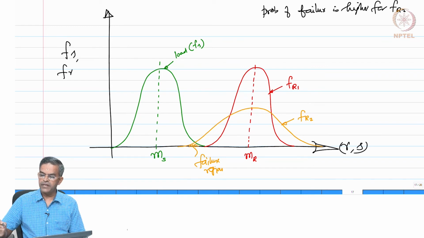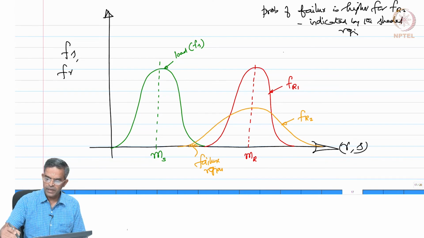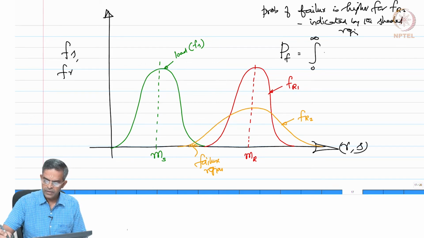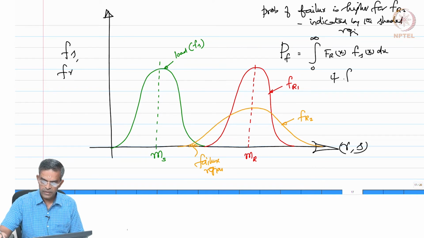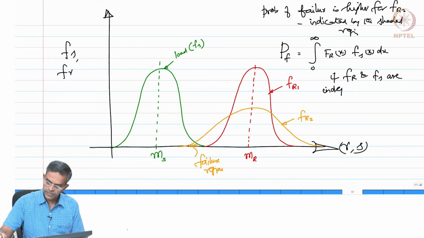So, indicated with a shaded region, the probability of failure is given by the integral from 0 to infinity of Fr of x, Fs of x dx, if Fr and Fs are independent distributions.